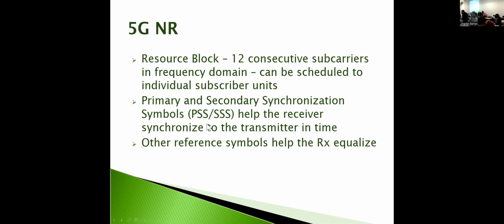The PSS is a coarse search that helps it get aligned, and then the SSS helps it refine that timing and keep timing throughout that whole 10 milliseconds. We might be sampling at 30 megasamples per second or something like that, but we need to maintain precise timing over 10 milliseconds, and that's what these synchronization symbols help with.